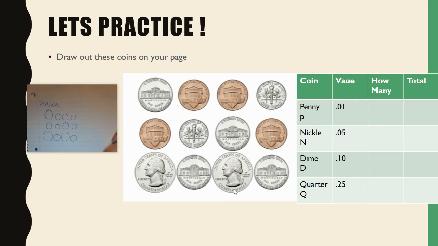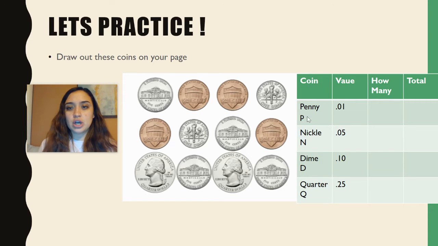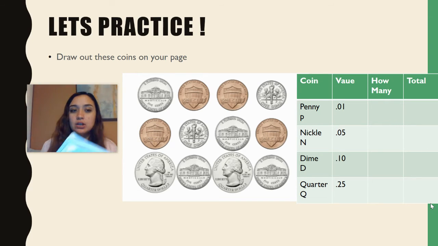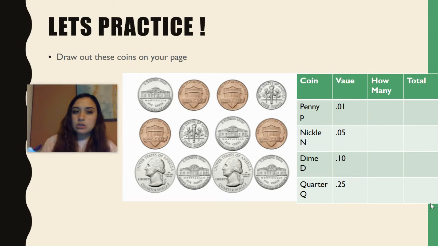All right. And then I want you to go ahead and next to it on this part of your page, we're going to write out this chart with the coin, name, the value, how many we have, and then we're going to find our total. Okay? So I'm going to go ahead and draw that chart as well so you guys can see how you would draw it in your journal, because I know it might be a little hard on how should I copy this into my page. So we're going to put the coin.